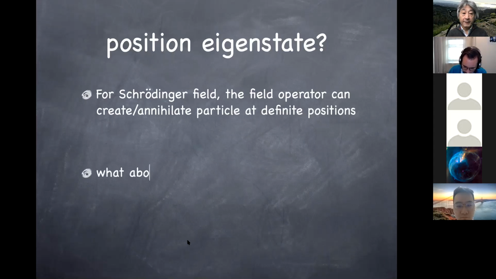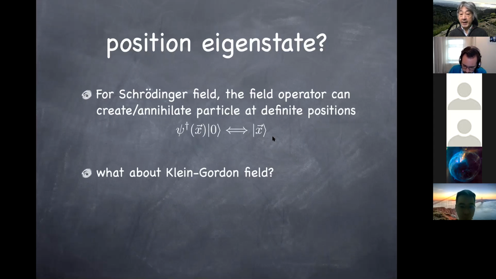If you act with this creation operator, the field operator dagger, ψ†(x), on the vacuum state |0⟩, then this state corresponds to the position eigenstate of a one-particle state in non-relativistic quantum mechanics. And we verified this interpretation by taking the norm of this state.